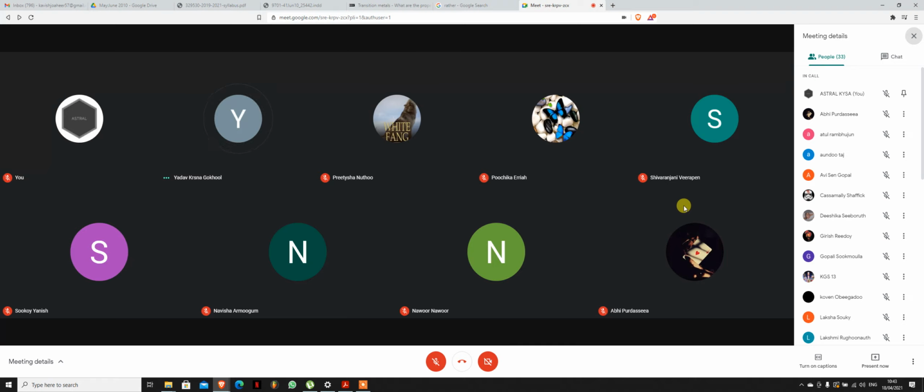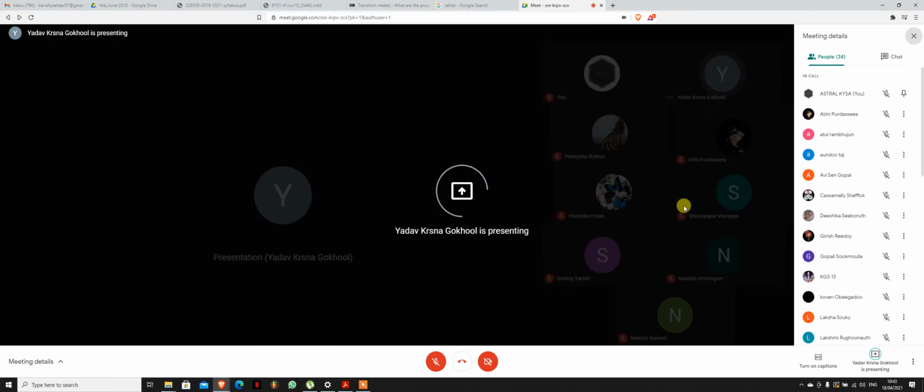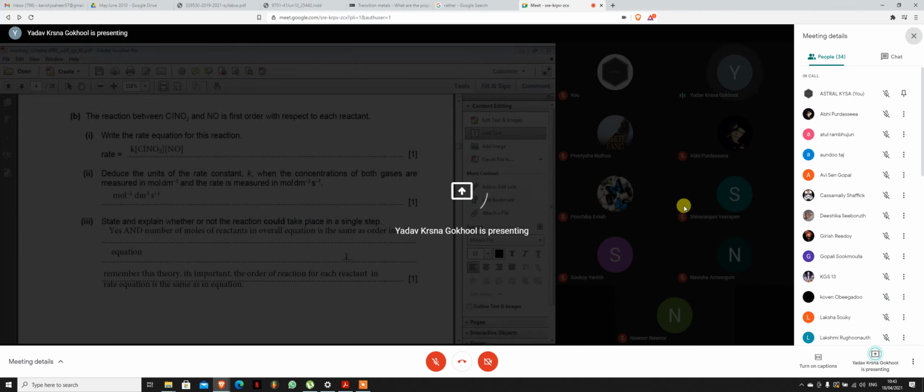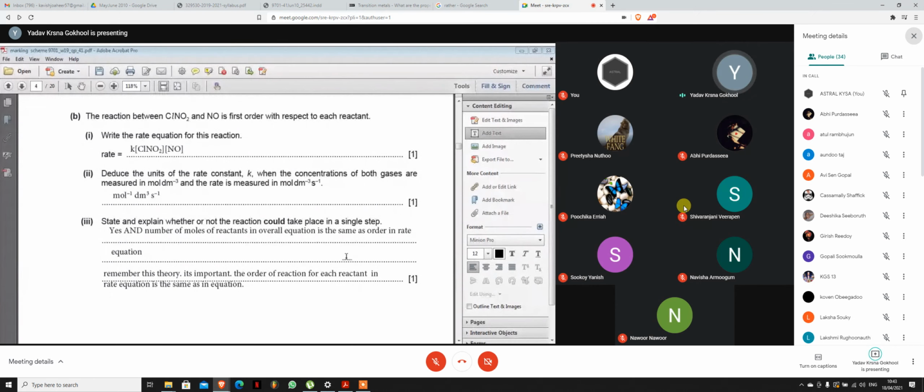Okay. Then you may be called to work out the equations involved. You will have a slow step and a fast step. Over here, state and explain whether or not the reaction could take place in a single step. So this is a question which is kind of a new one.